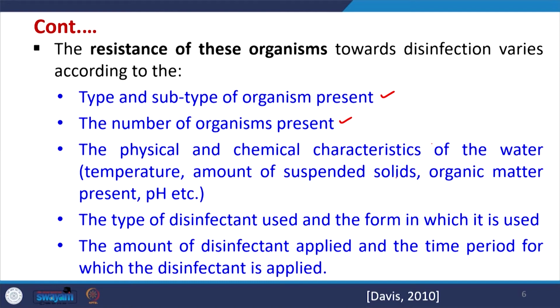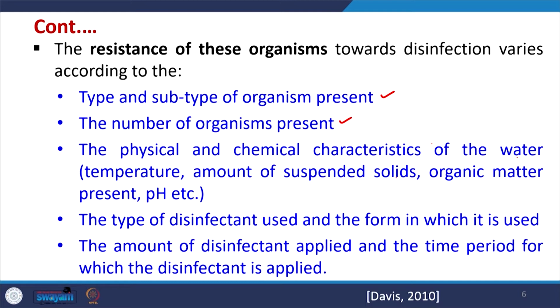Also it will vary depending upon the type of disinfectant that we are going to use and its chemistry with the water. That is very important, and that chemistry will be highly pH dependent and also dependent upon the different types of organic material and suspended solids present inside the water.